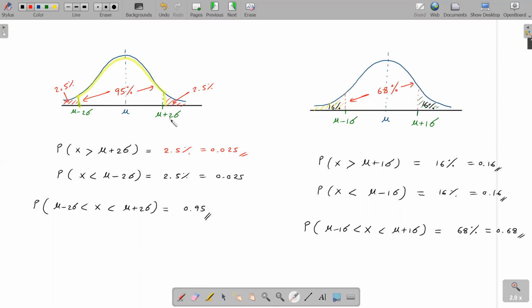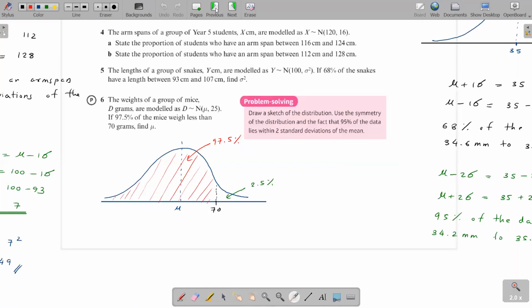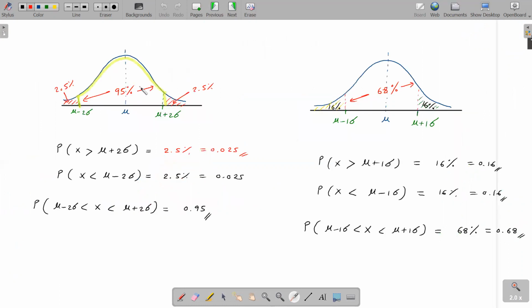So now I think you can understand. You saw in our graph also, in what we drew here, you had 2.5% of the data after 70, isn't it? So behind 70, or behind mu plus 2 sigma, you have 95% plus the 2.5%. So 95 plus 2.5% is 97.5%. So that's the full area here.